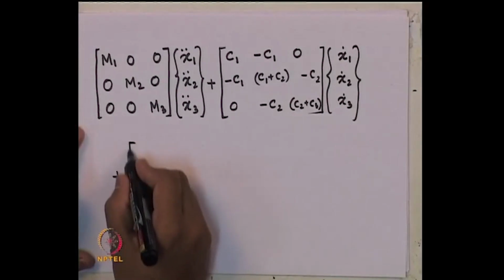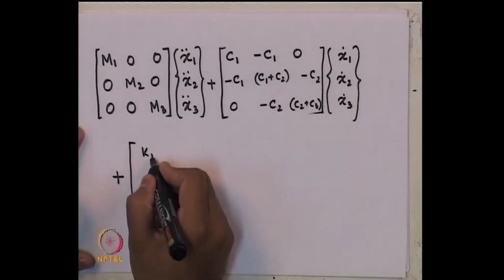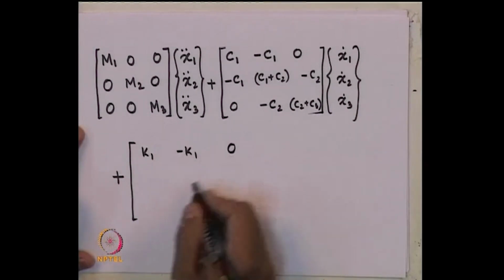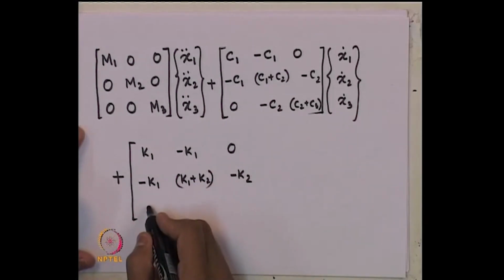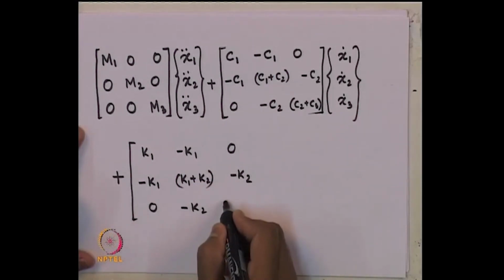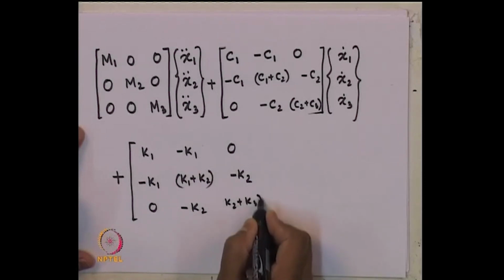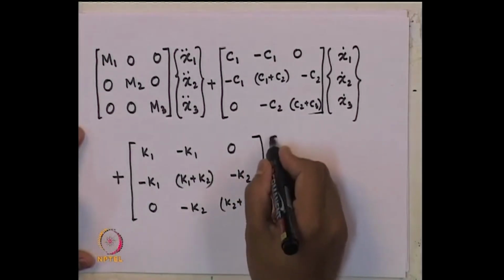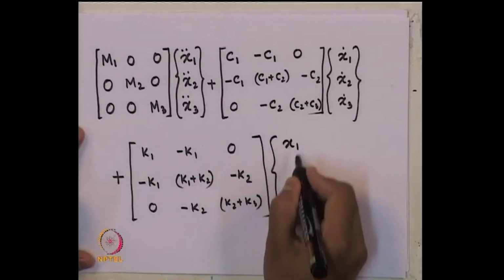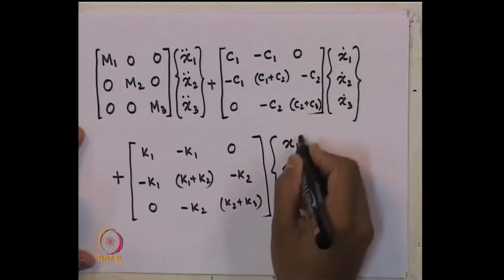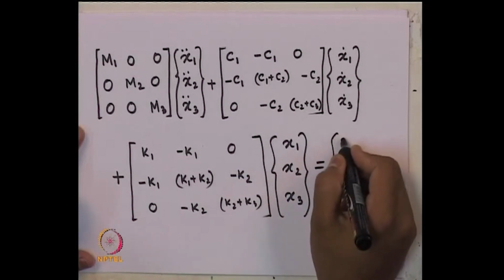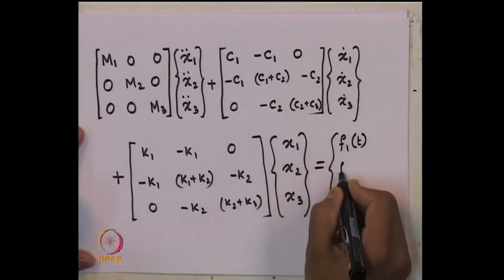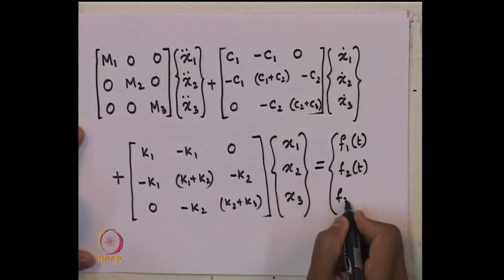Plus the matrix K1, minus K1, 0; minus K1, K1 plus K2, minus K2; 0, minus K2, K2 plus K3, and the associated vector is the displacement vector x1, x2, x3, which equals the externally applied dynamic load vector F1(t), F2(t) and F3(t).